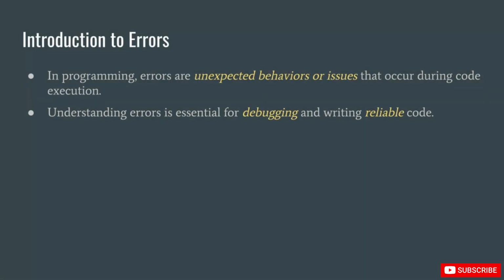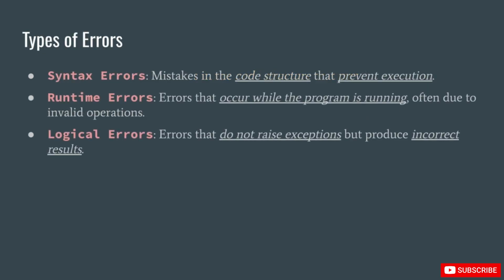Errors refer to unexpected behaviors or issues in your code. Errors can either prevent code from running or occur while the code is running. Understanding and handling errors is crucial for debugging and ensuring your code works as expected. There are three main types of errors in programming.